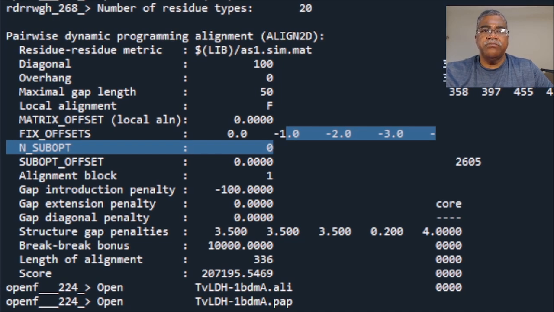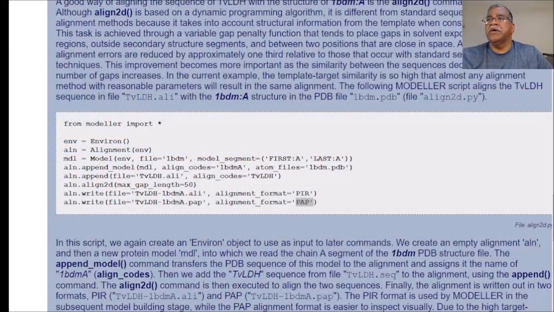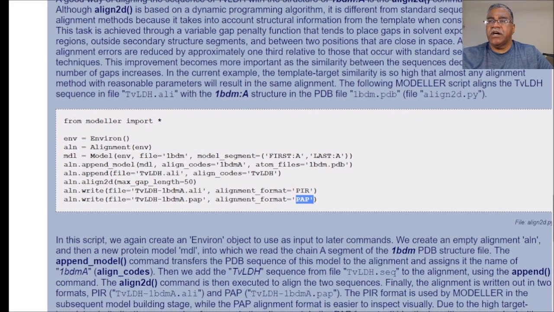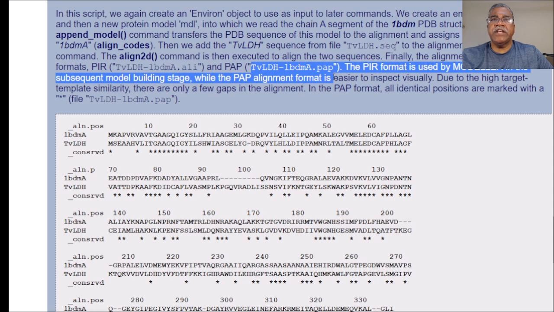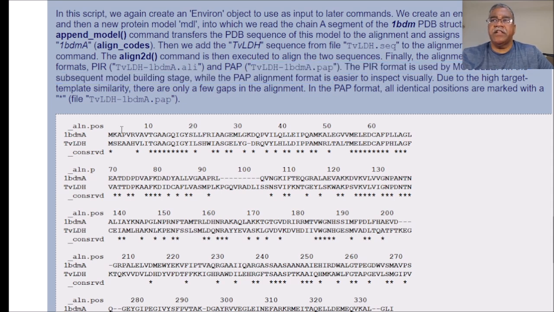And so now let's go to our web and see what it's done. So now it created a tvldh 1bdmA align file and a tvldh 1bdmA pap file. So let's see what that alignment file looks like. Okay, this is the pap file.